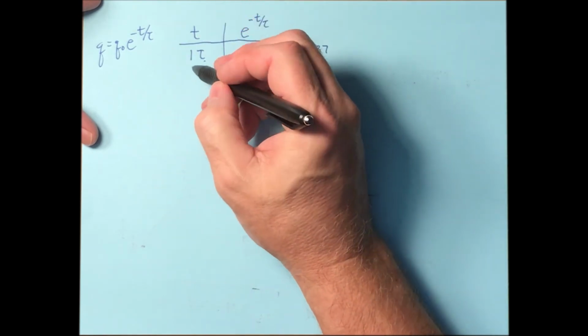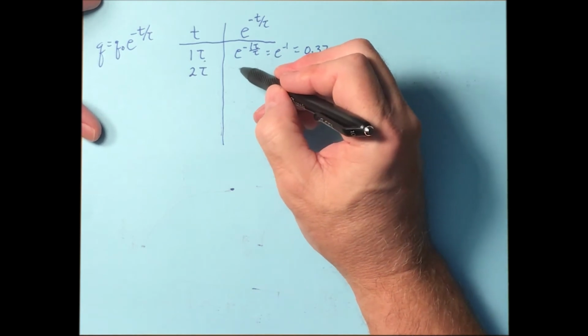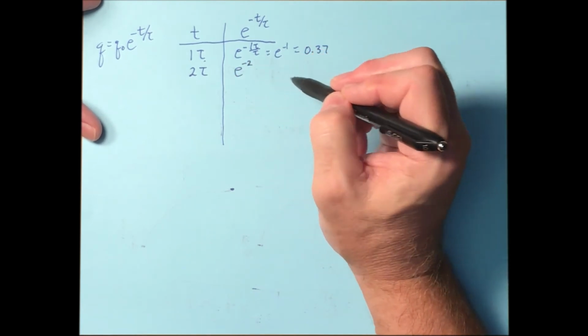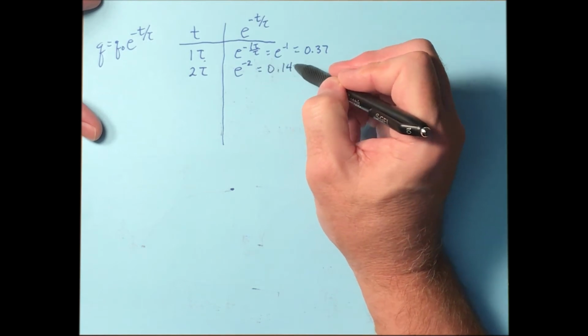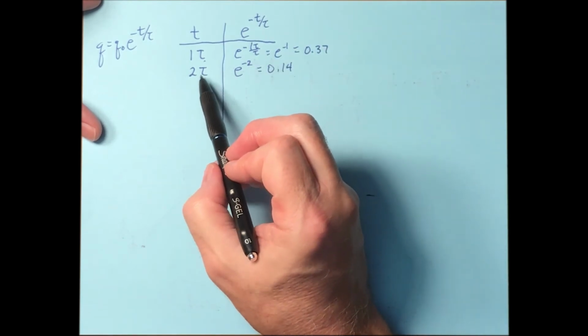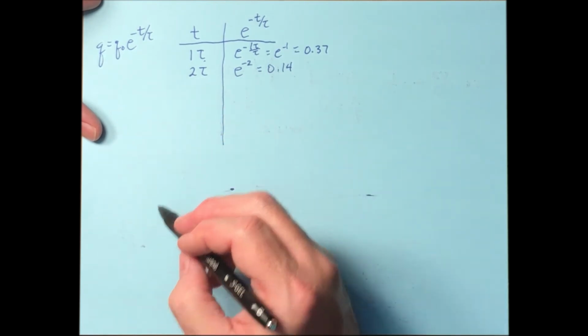Okay, let's continue this, and let's say 2 tau of time. Well, that's going to be e to the negative 2, and that turns out to be 0.14. So after 2 tau of time, Q is 14% of what it was originally.